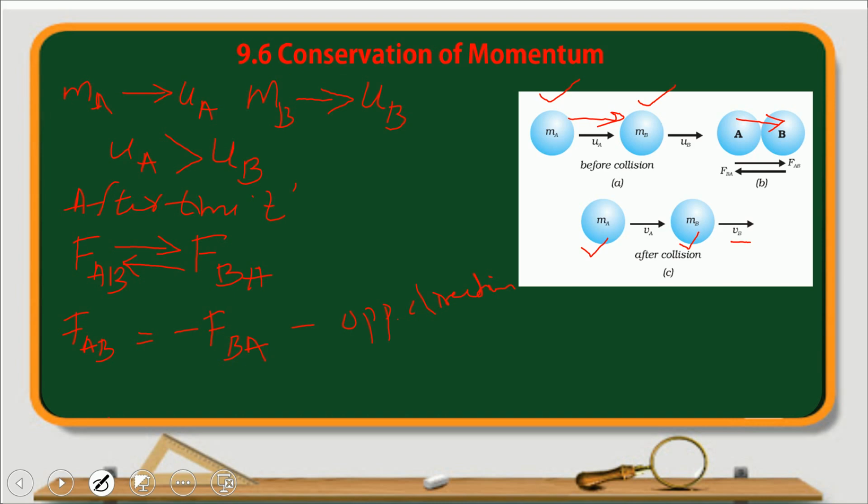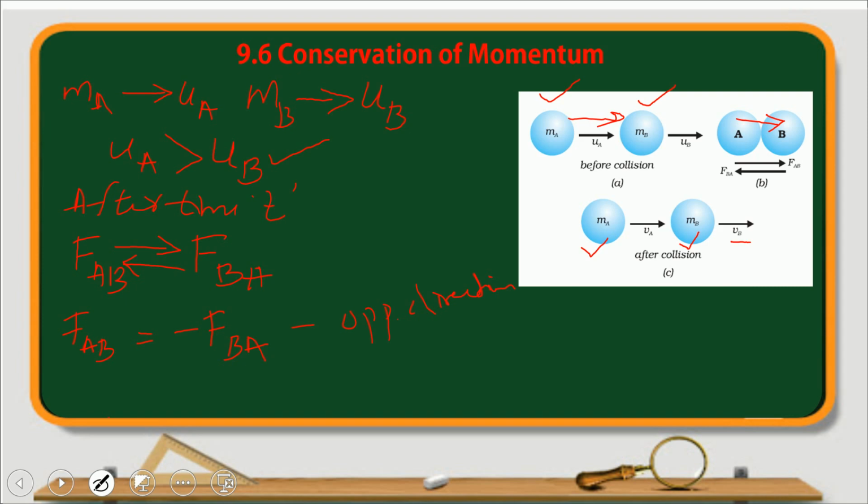UA is greater than UB, that is, the velocity of marble A is more than that of marble B, so marble A collides with marble B for a time t.